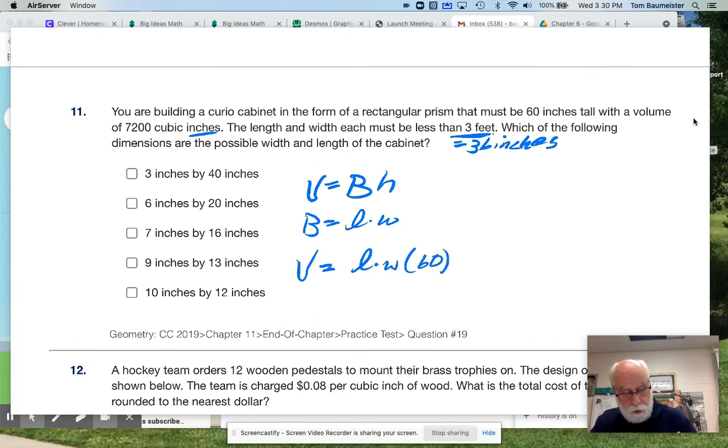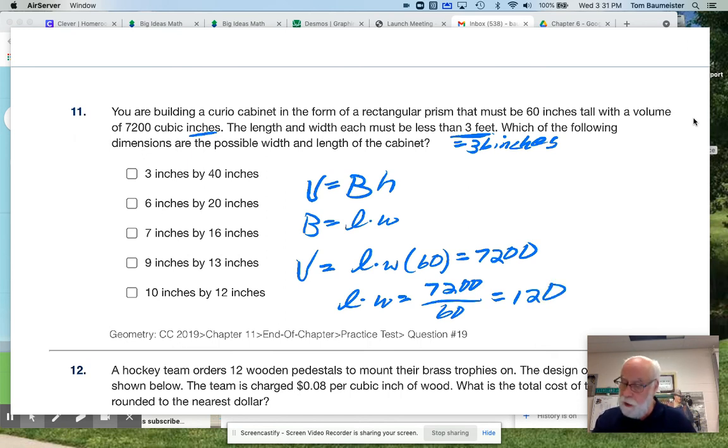And we know that our volume has to equal 7,200 cubic inches. So L times W is going to be 7,200 divided by 60, which will give us 120. So our length times our width has to equal 120.